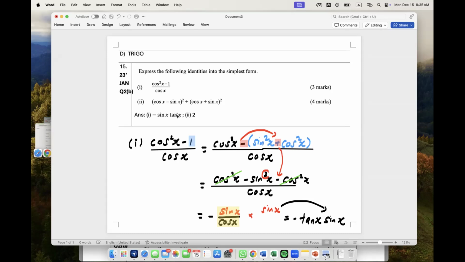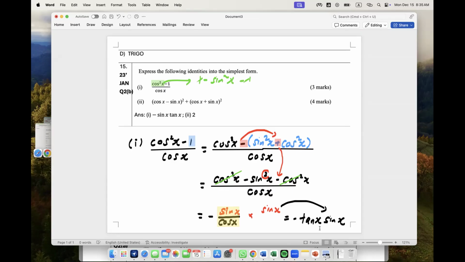Cannot change to sine square x? Can. You are able to change that. Okay, someone said if you want to change the cos square, that also can. Somebody said change cos square to 1 minus sine square x, can. If you're able to do this, also can, actually having the same result.